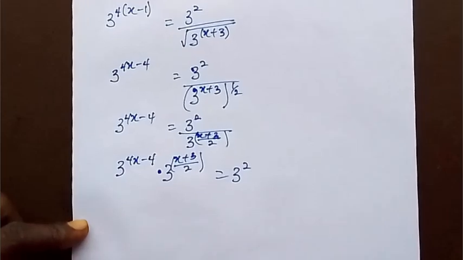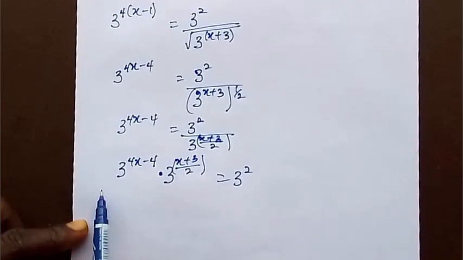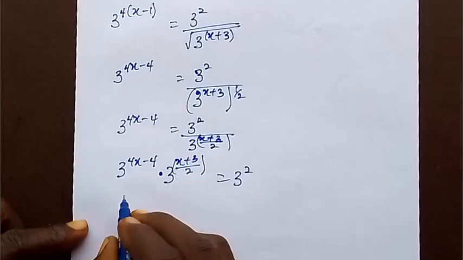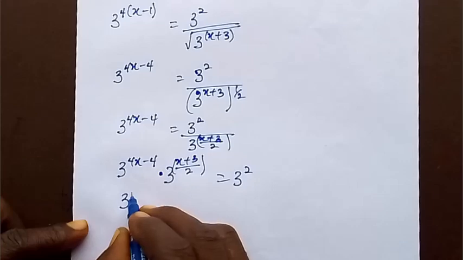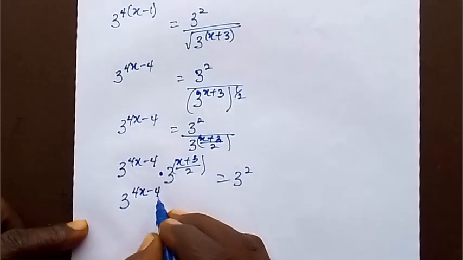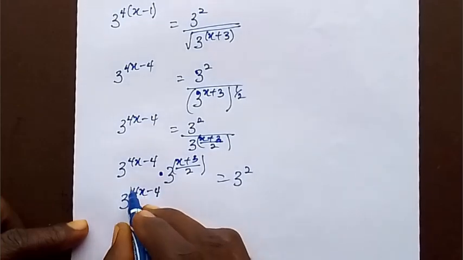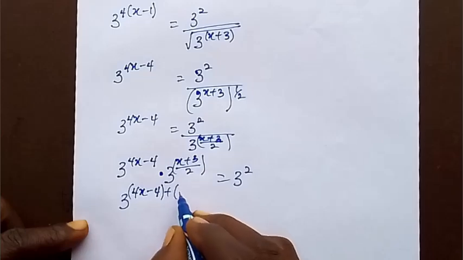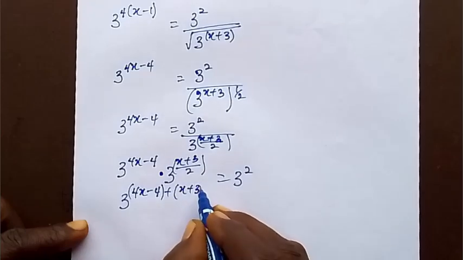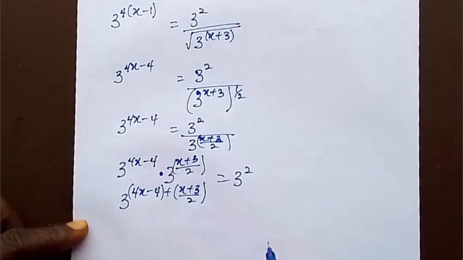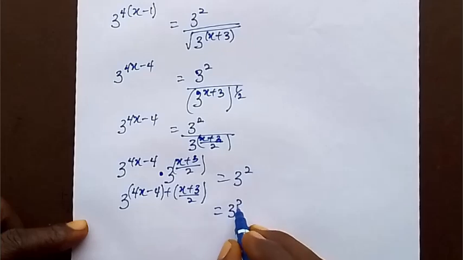From this, I have the same bases multiplying. We apply our knowledge in indices. This will become 3 raised to the power 4x minus 4 plus x plus 3 all over 2 equals 3 raised to the power 2.